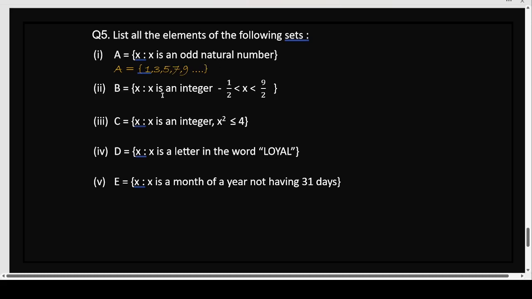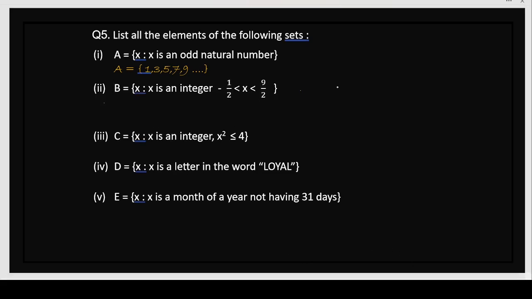Next one. {x such that x is an integer, minus 1/2 < x < 9/2}. x is an integer. Remember that. So, what are the elements? What is the nearest integer after minus half? 0 is the nearest integer. Minus half is a fraction. Before that, minus 1 is there, which is less than minus half, so we cannot take it since minus half < x.